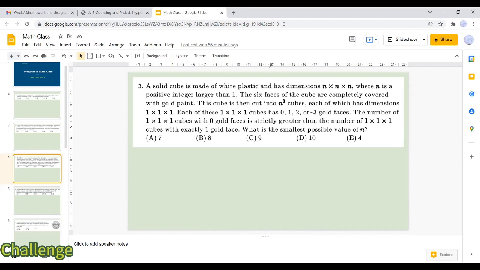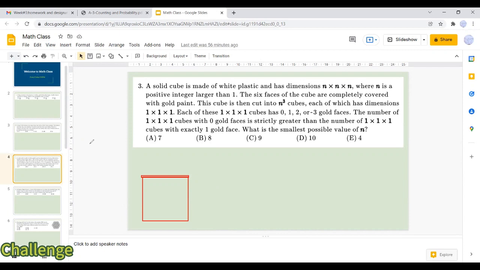So for this question, just for simplicity, I used a 3 by 3 cube. I can't really draw it, but basically I did a 3 by 3 cube.